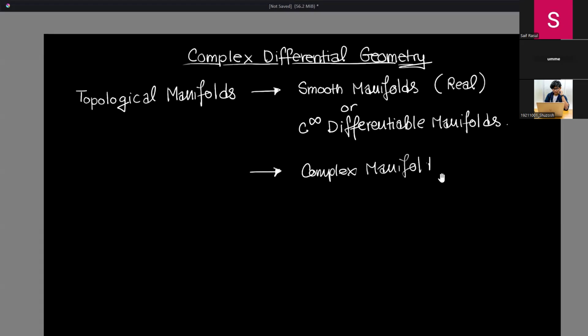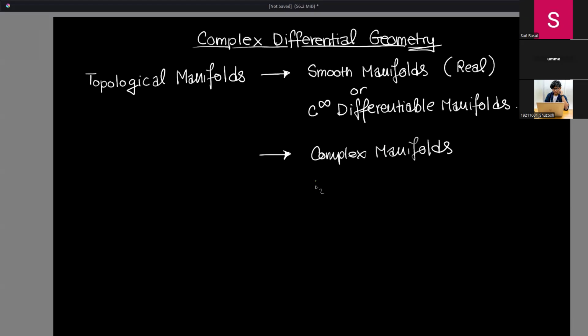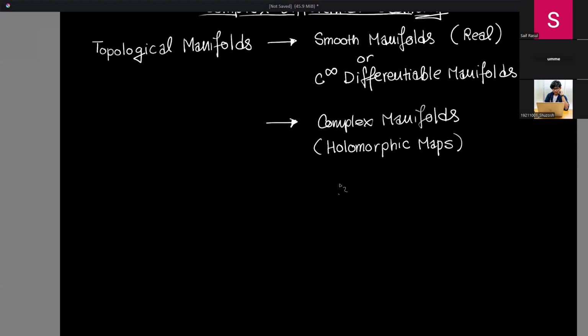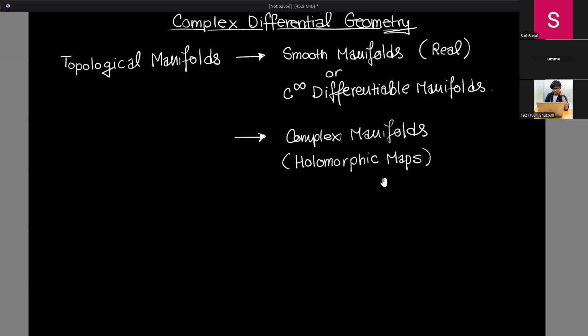In doing so, we had to talk about holomorphic maps. Holomorphic maps were the analog of smooth maps to complex manifolds and complex spaces. So what smoothness is to real spaces, holomorphicity is to complex spaces.